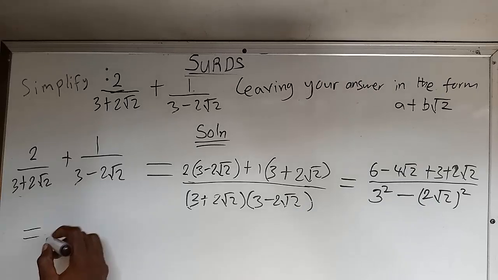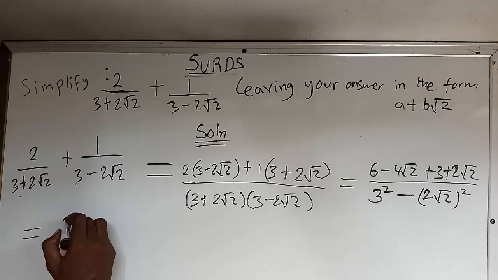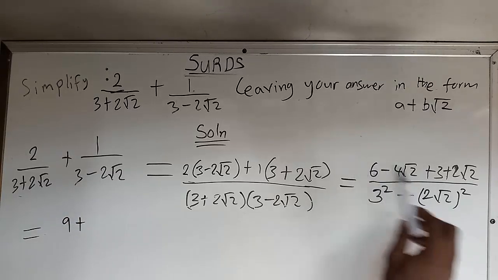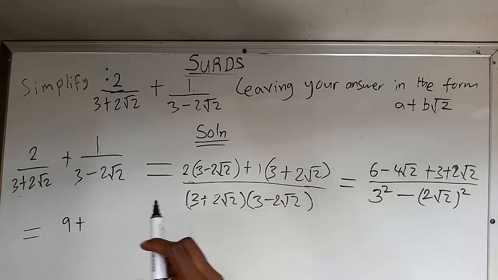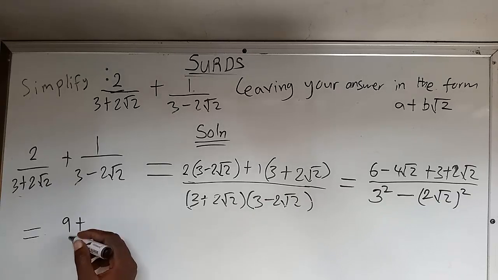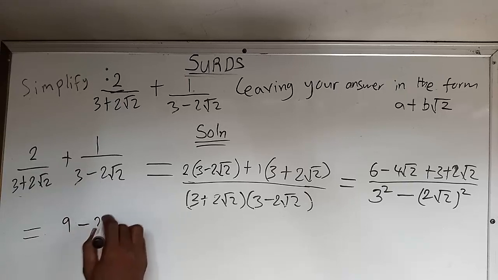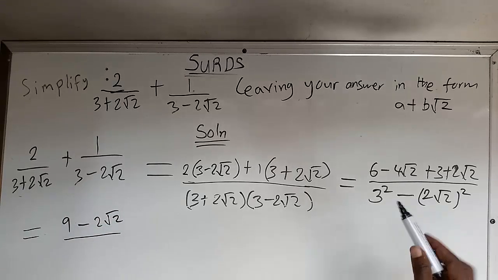This will be equal to, now we have 6 plus 3, that will give us 9. Now we have negative 4 root 2 plus 2 root 2, that will give us negative 2 root 2, so minus 2 root 2 all over.